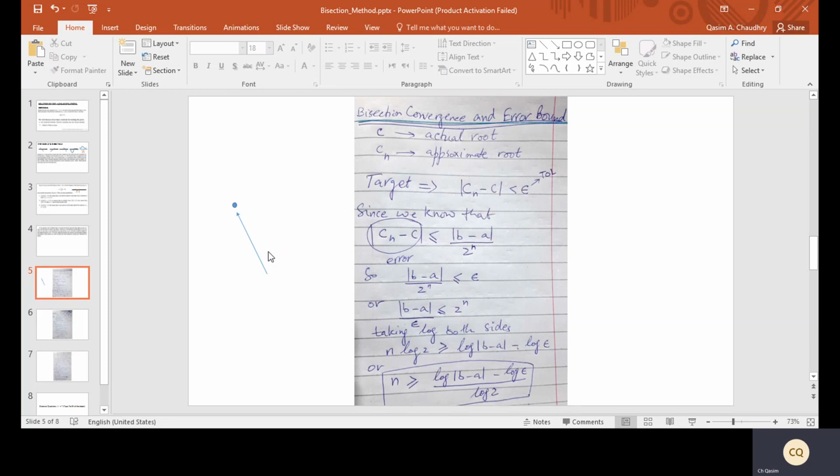Now students, error bound, basically about error, I have already told you. So what is the basic error bound for the bisection method, or what is the criteria for it? Okay, you have a function here and you want to find the solution of that equation.